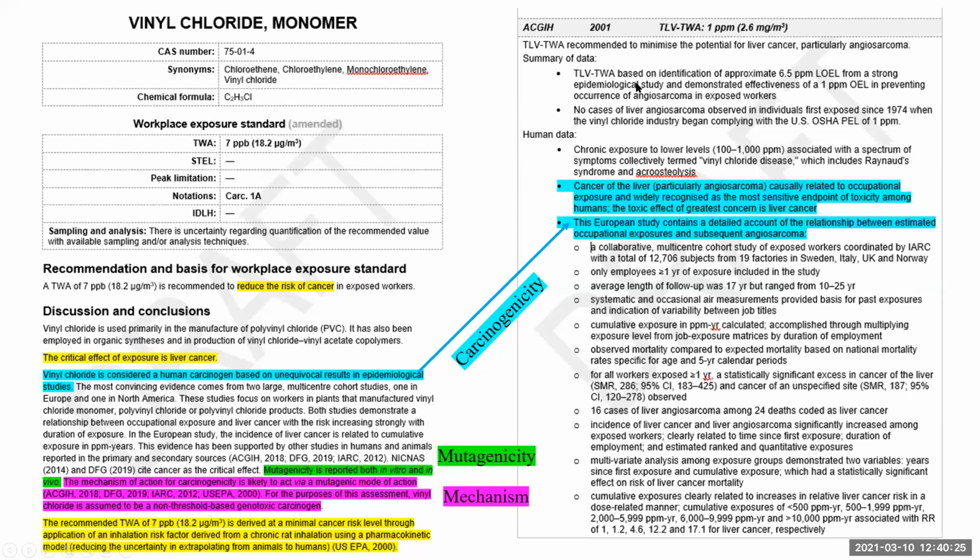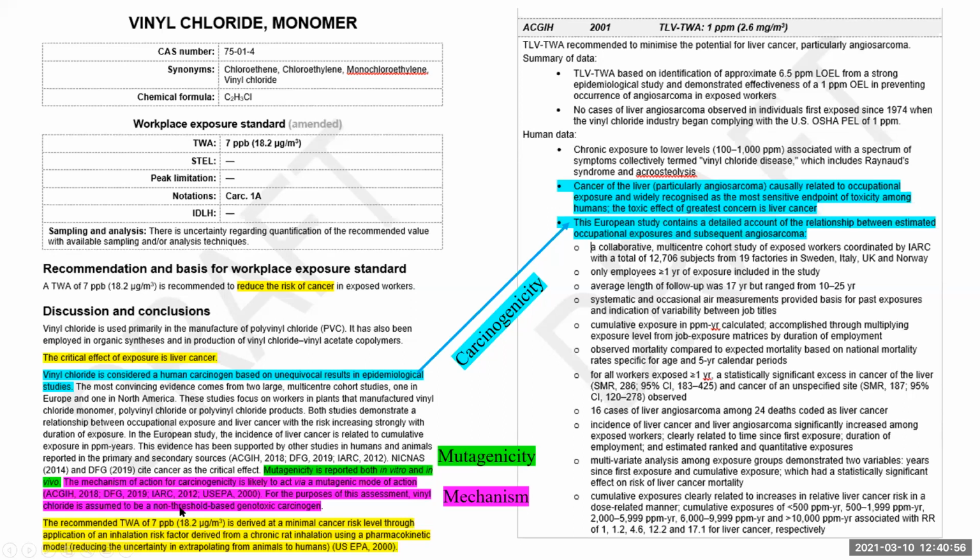So here's the appendix of vinyl chloride, and you see this is the information re-extracted from the ACGIH, and epidemiological studies comes under the human data subtitle here. So there were unequivocal results saying yes, it's carcinogenic. On the next page, I'll have some animal data, but here in the green is the mutagenicity. It was reported in both in vitro, which is cell lines, and in vivo, which is in live whole organisms.